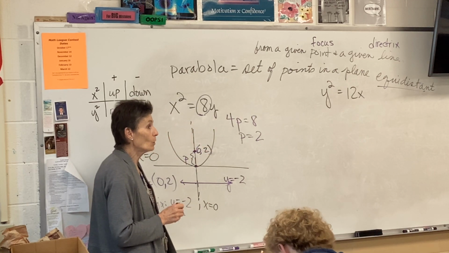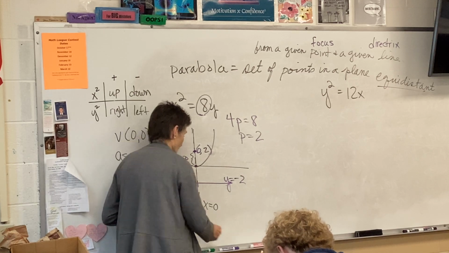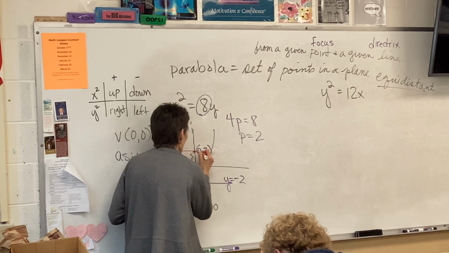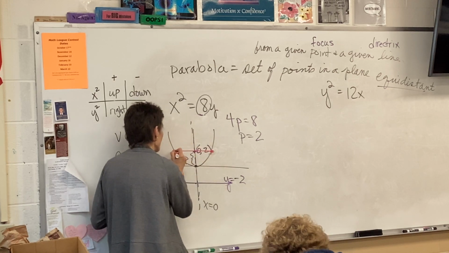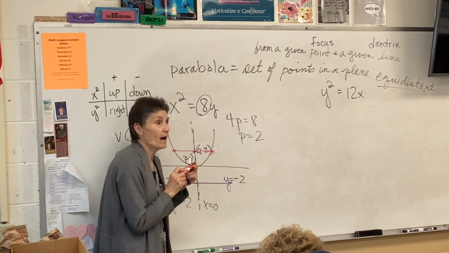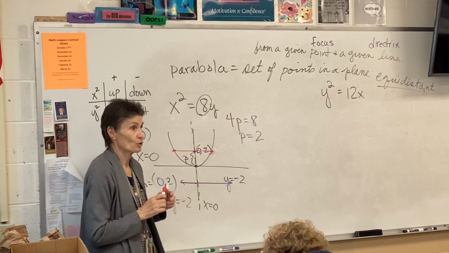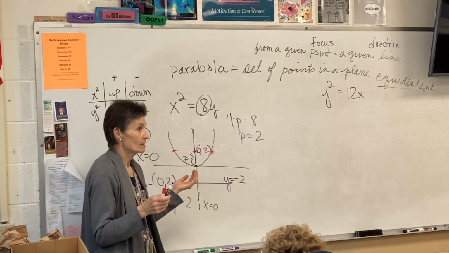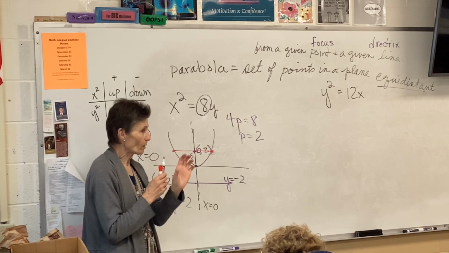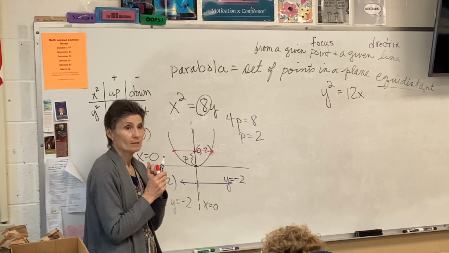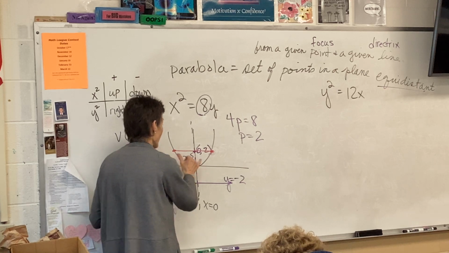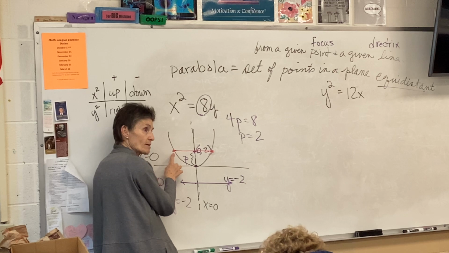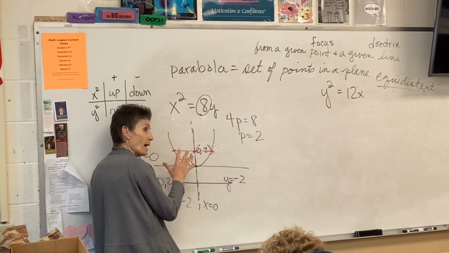Now, your focal width is the width of the parabola through the focus. Now, I will not be grading your picture, so your rough sketch is fine. But if you wanted to do a more accurate sketch, you would simply figure out what your focal width is, and then figure out what those red points are, and you could plot them, and it would be more accurate.